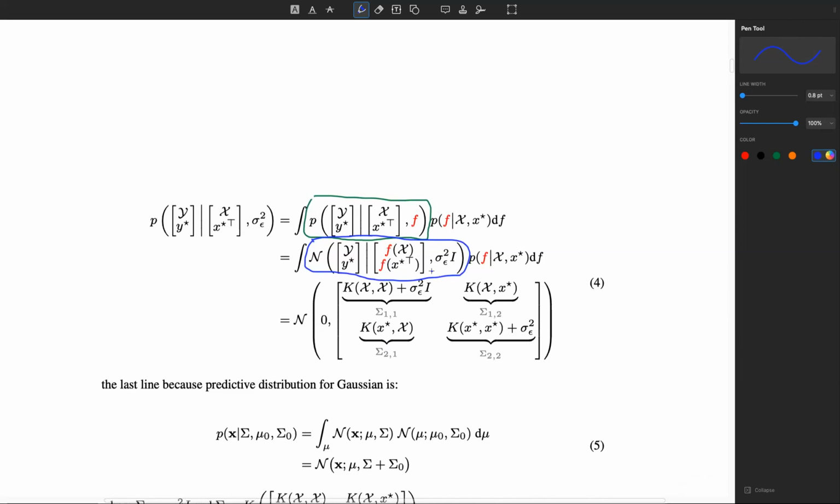So basically, if you write them out jointly, you're going to have a Gaussian of y and y star, the thing that I'm trying to model, with a covariance matrix.